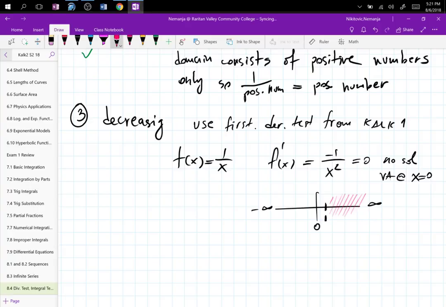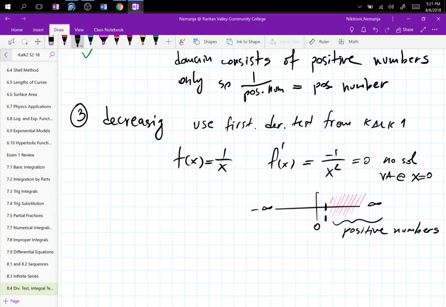Now what do you have? In this region, you only have positive numbers. So now, the first derivative test states that you are supposed to take your test point and plug it into the first derivative and see if you're getting a positive or negative number. If you're getting a negative number, it's decreasing. If you get a positive number, it's increasing.